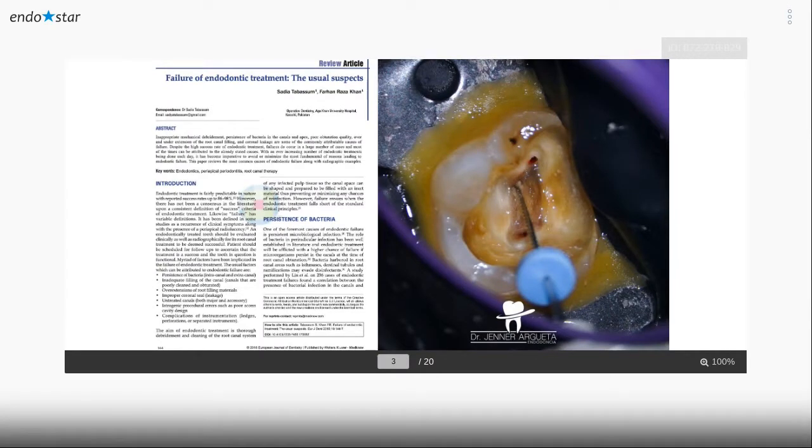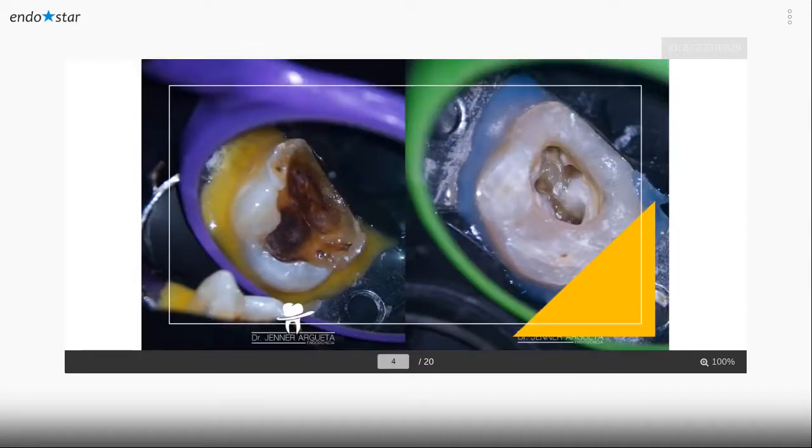Locating the canals is very important because one of the main causes of failure is the persistence of bacteria inside the root canal system. That bacteria persistence can be related to non-treated canals. And the ultrasonics can help us to locate those canals that sometimes are covered by tertiary dentin.